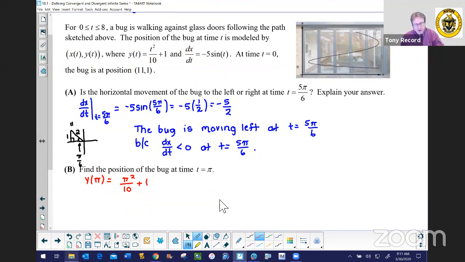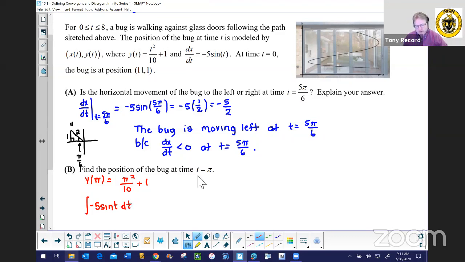But for the x component, because we are given a derivative of x, we're going to have to essentially undo that derivative. We're going to have to integrate, take the integral of that -5 sine of t, and we will do so with respect to t.